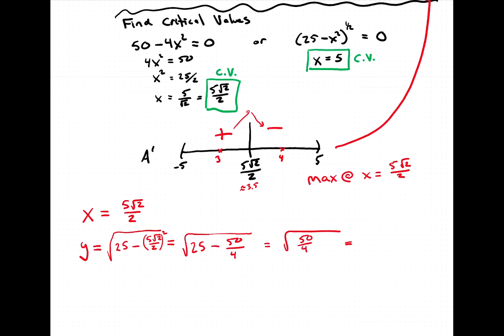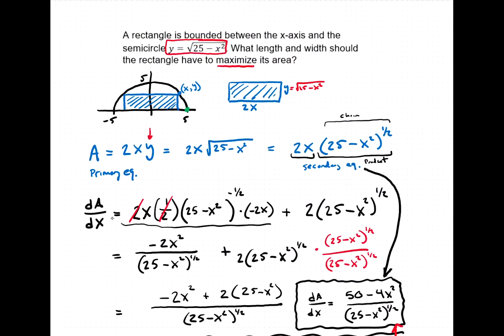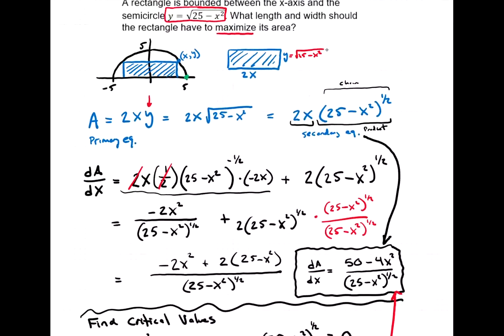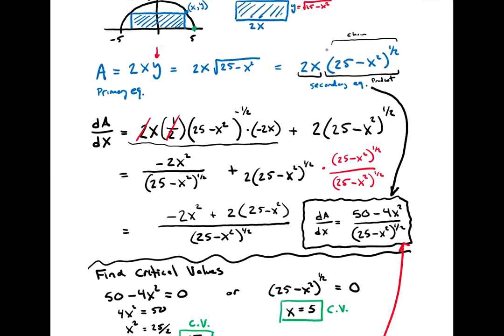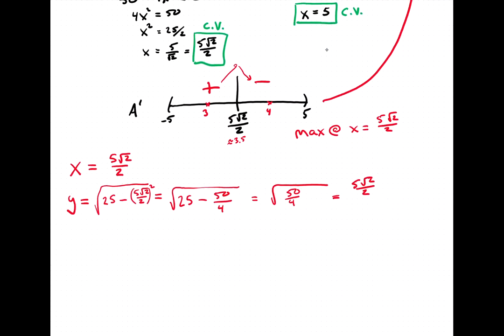Now be careful, this is not our final answer because we're not looking for the x and the y values. We're looking for the base and the height, or length and width. So what length and what width? So the height of the rectangle is y, which we have, and the base of it, which we'll call the length.